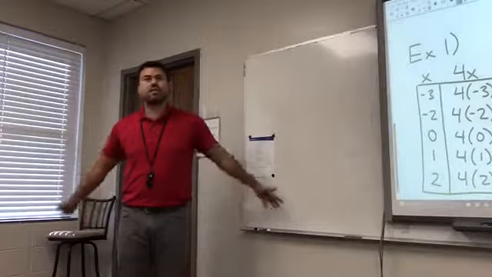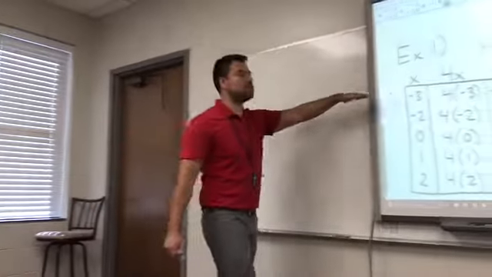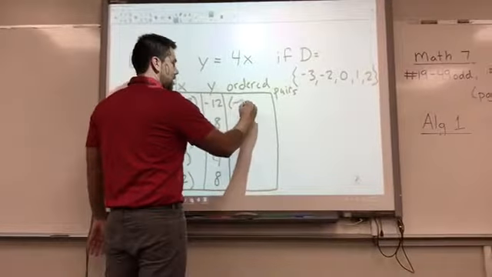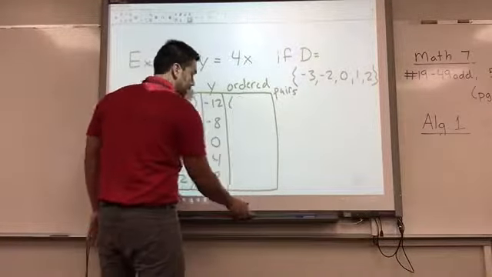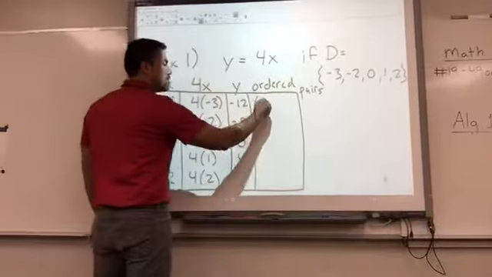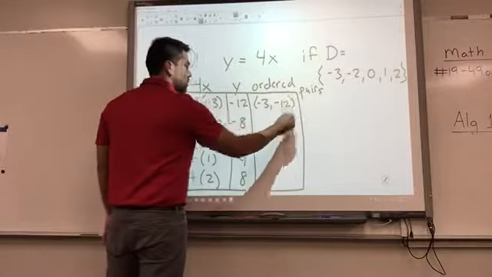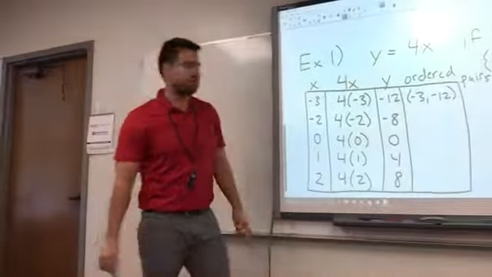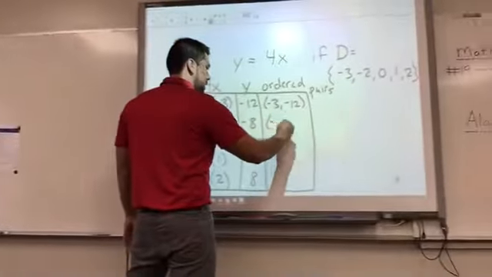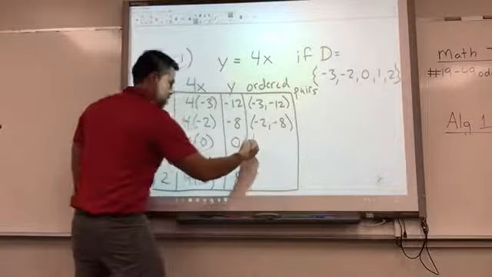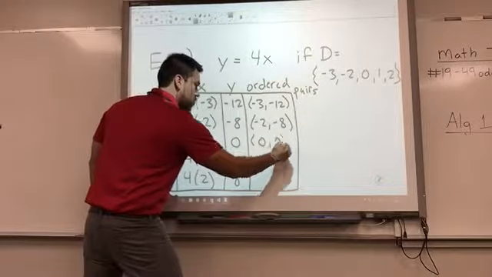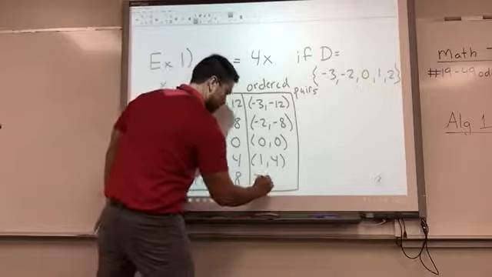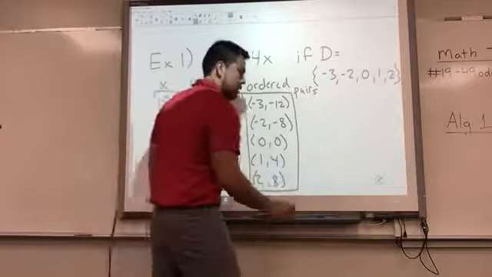Okay, what's the ordered pair for the first case? -3, -12. Can you fill in the next spots? I hope so. Again, this is review. Shouldn't be too bad. -2, -8. 0, 0. 1, 4. 2, 8.